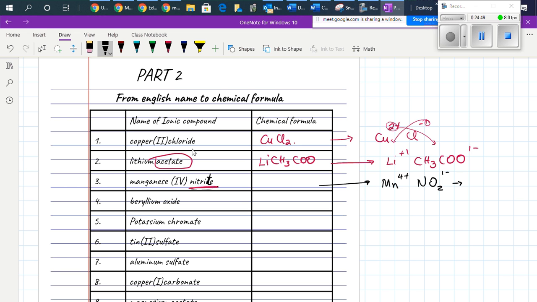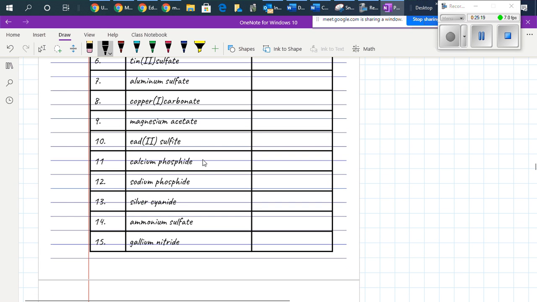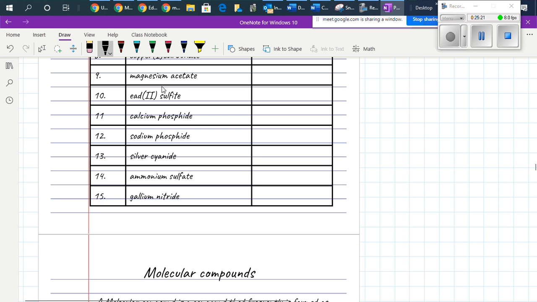So the formula will be, switching places, Mn1, which we don't write, and NO2 4. Beryllium oxide. So this means that you are having beryllium and oxygen. Beryllium is +2, oxygen is -2, so BeO. And so you continue with the rest of them on your own.